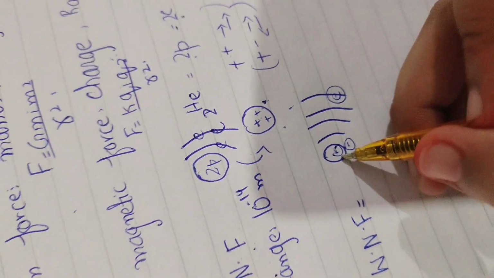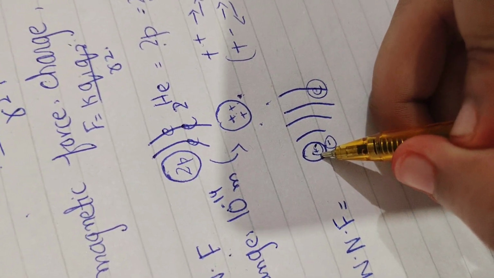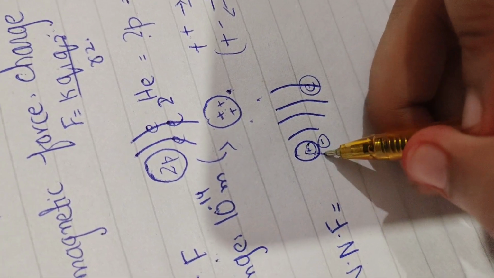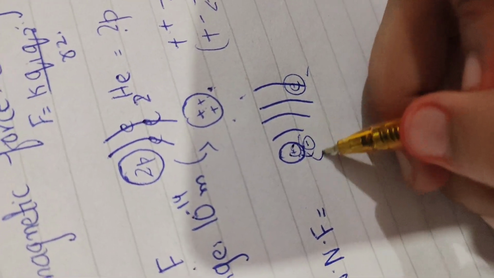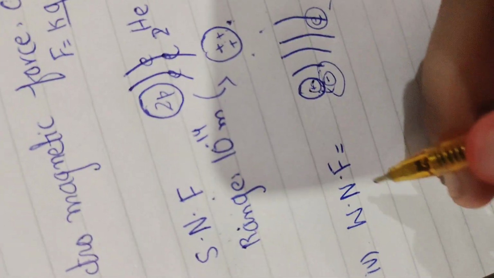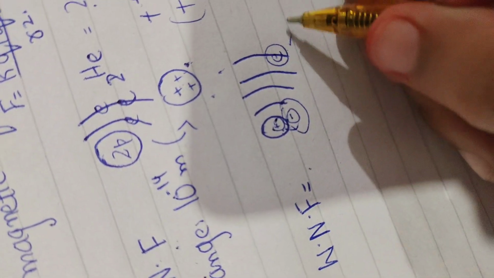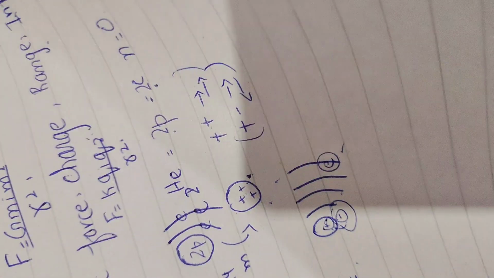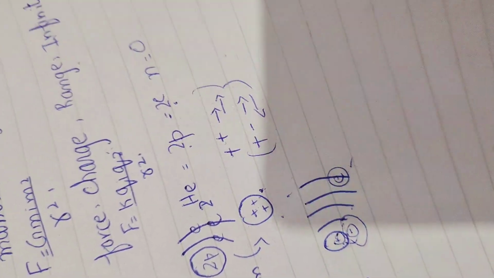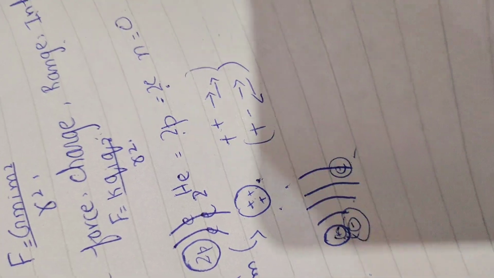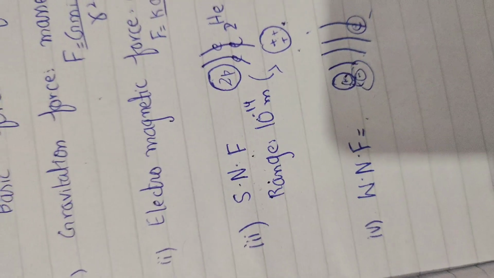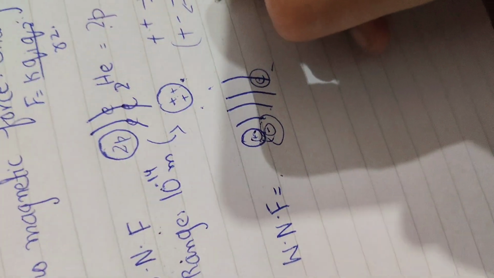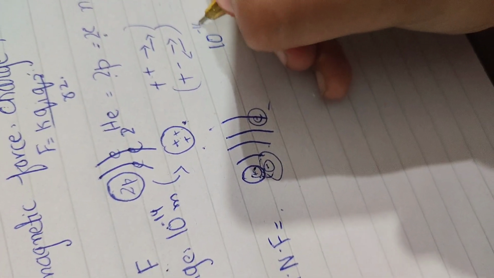Will this proton get attracted to this electron first or that electron first? Of course this electron. So due to what? Due to weak nuclear force. And what does the weak nuclear force do? Basically it keeps the distance of the electron from the last shell. And the range of this weak nuclear force is about 10 to the power minus 10 meter.